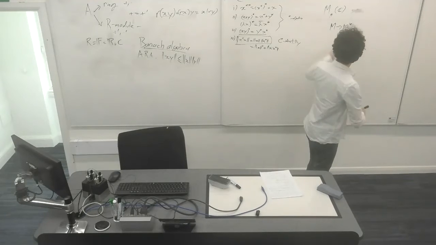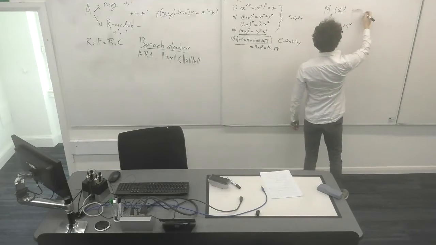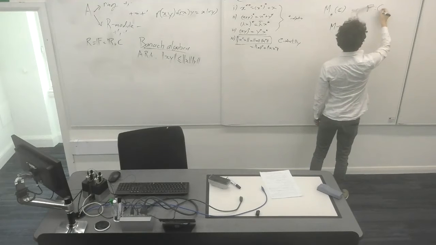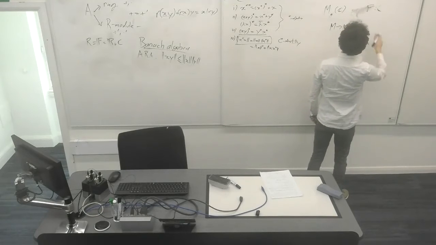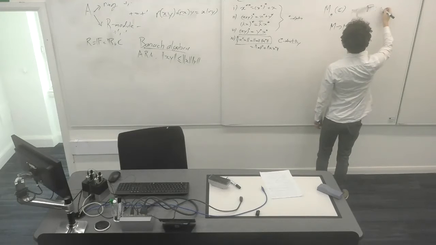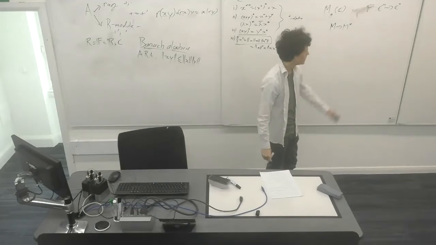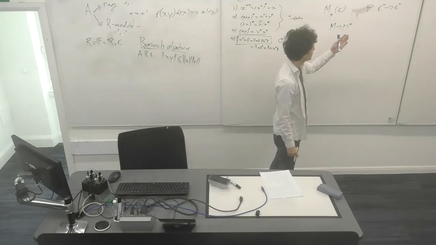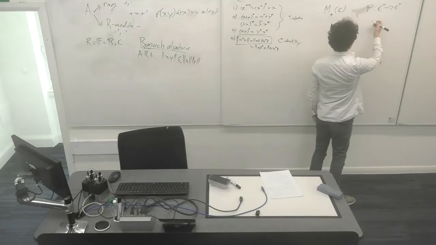It's pretty easy because a matrix is just a linear operator, a function which takes C^n to C^n. And it has a norm which we define as, again, take x.